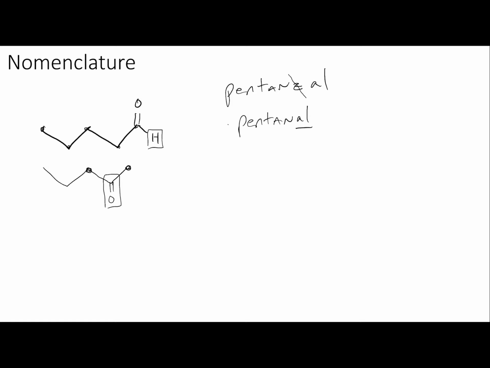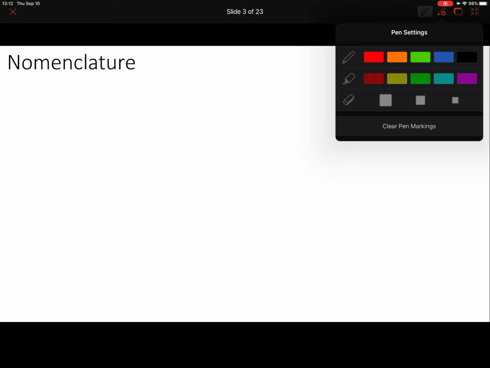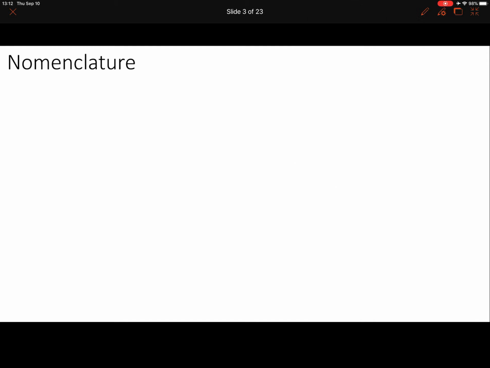Now, for unsaturated aldehydes, we do indicate the presence of the carbon-carbon double bond by changing the ending of the parent alkane from -ane to -ene. So, for example, if we were to have this guy, this is no longer butane, it's butene.